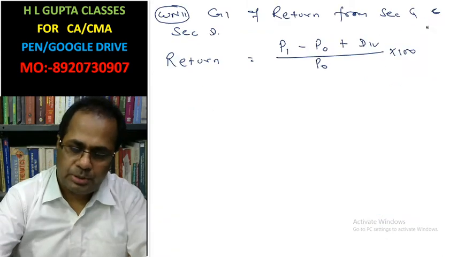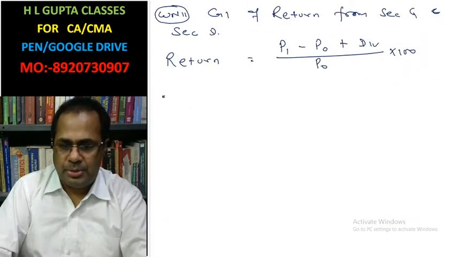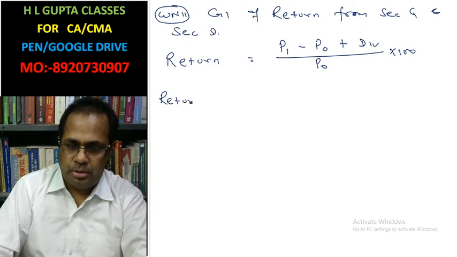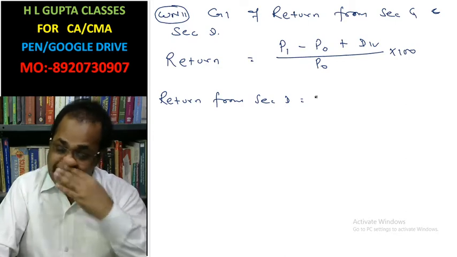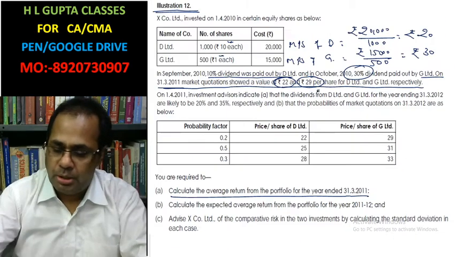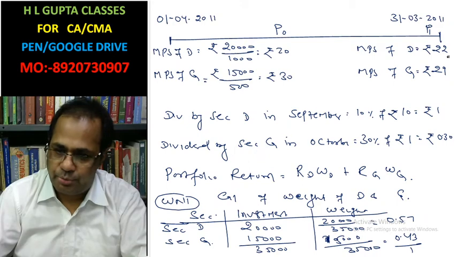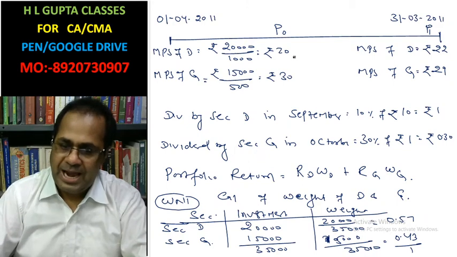What will be the return of D? Return from security D: P1 is 22, P0 is 20, and the dividend is 1.